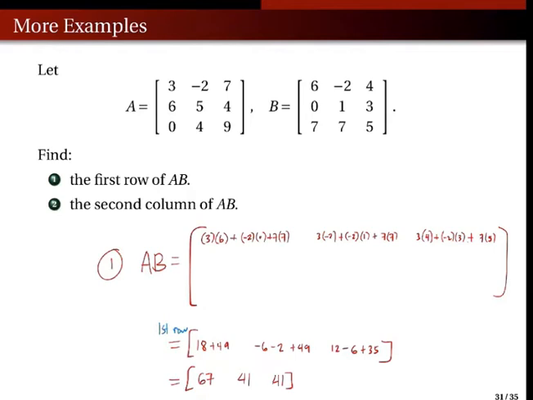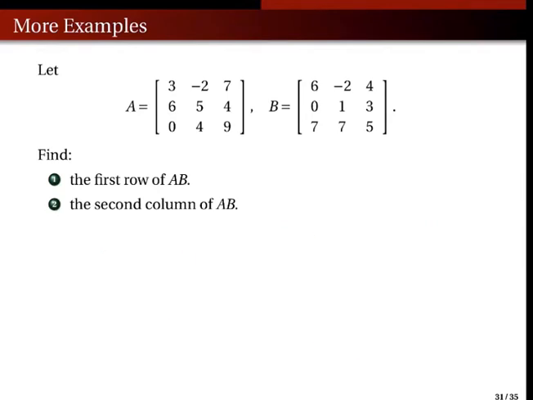Let us work on the second problem here. You have AB, but let us just look at the second column. For the second column, this should be a column vector.